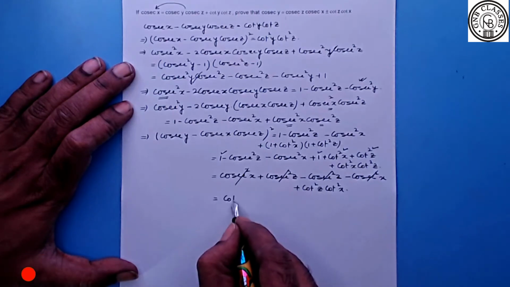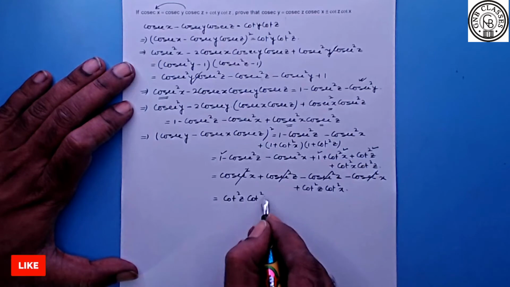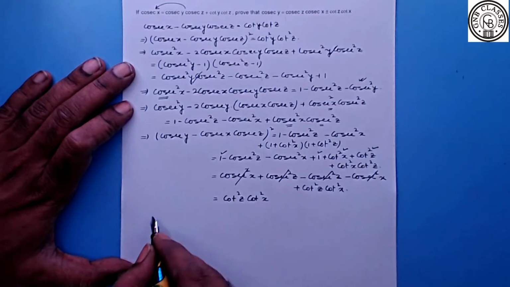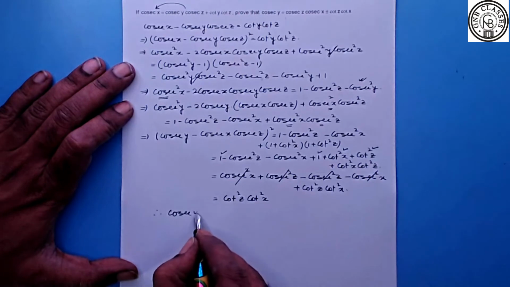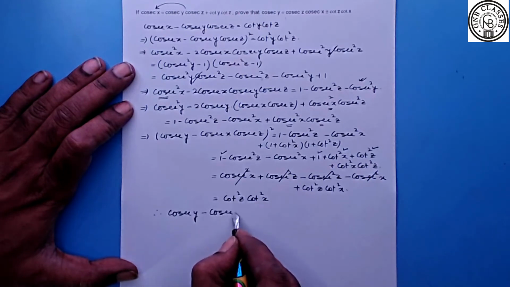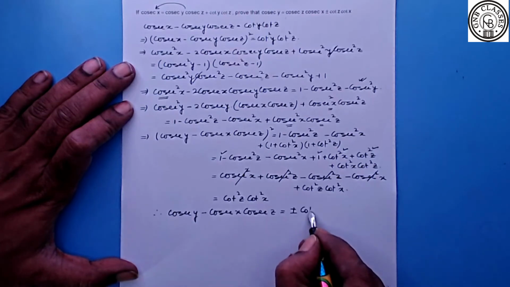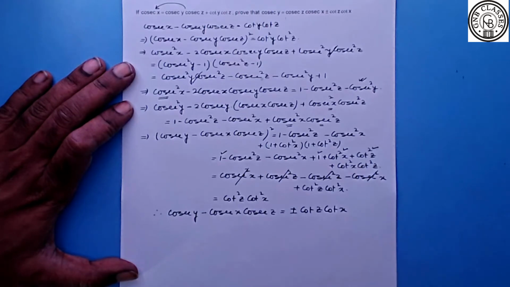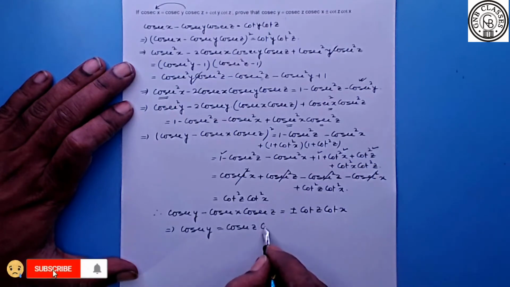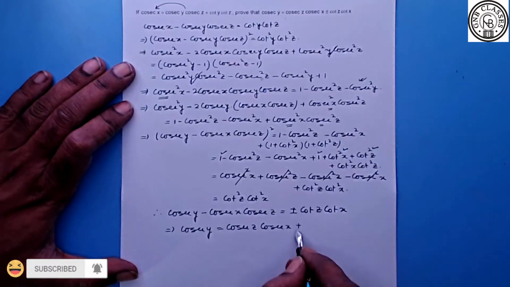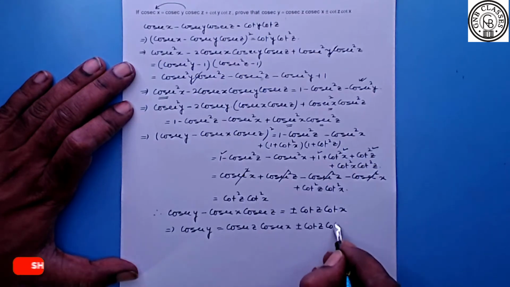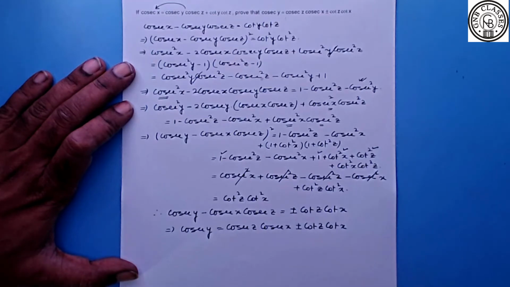So we are left with cot square z, cot square x. Therefore, cosec y minus cosec x, cosec z is plus minus cot z, cot x. That implies cosec y equals to cosec z, cosec x plus minus cot z, cot x. Is it clear? Proved. Okay.